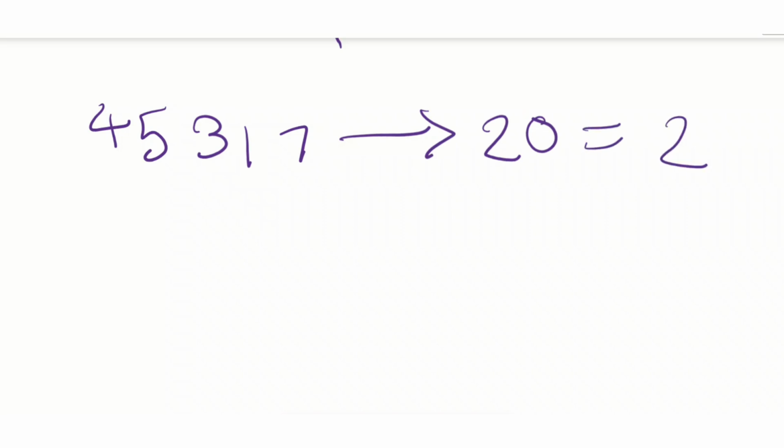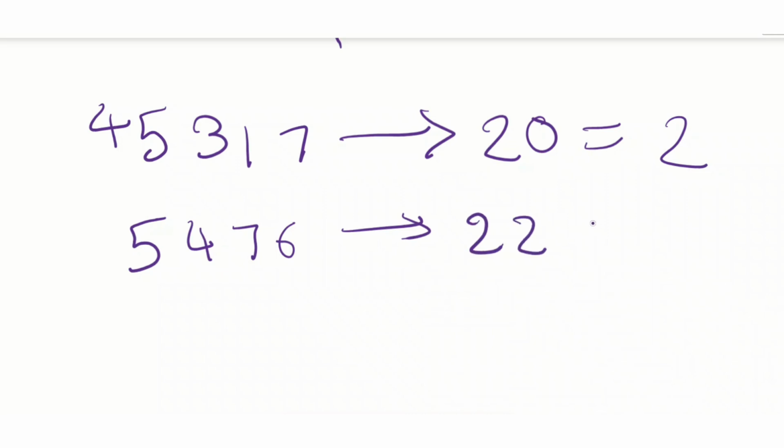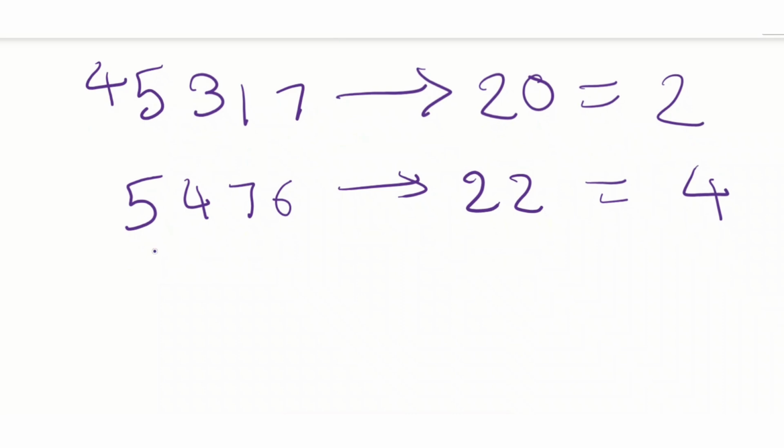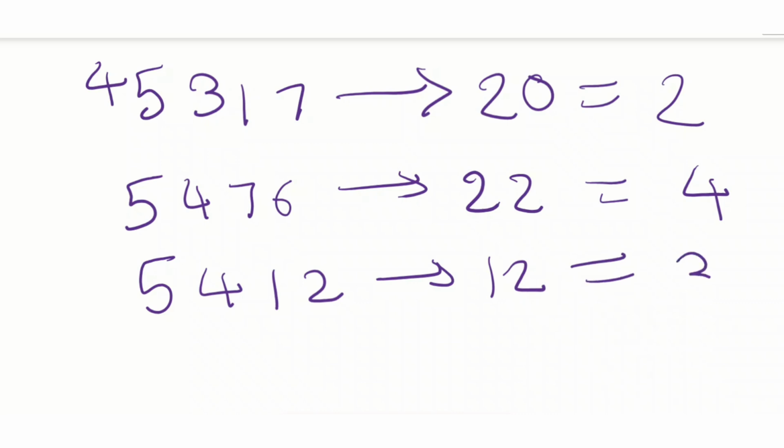So 45317 gives us 20, which can simply be written down as 2. 5476 gives us 22, which is 2 plus 2, 4. 5412 gives us 12, which becomes 3 because that's 2 plus 1.